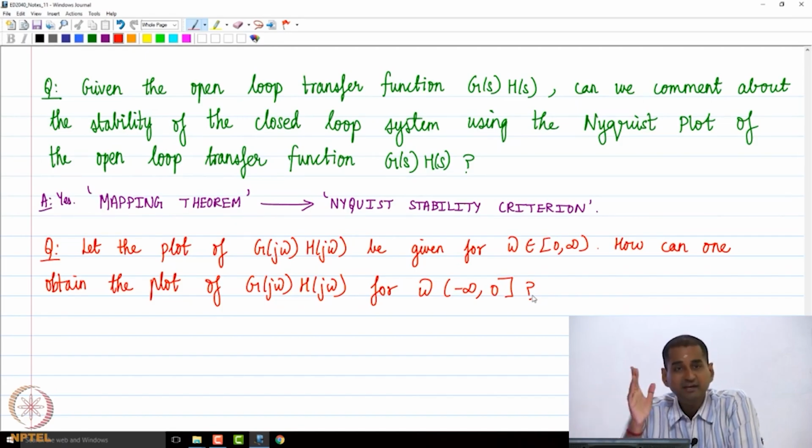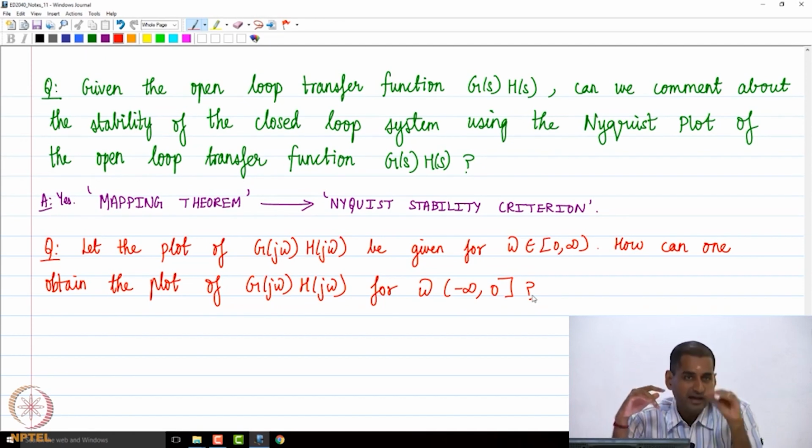But let us now look at omega as a parameter, rather than associating the meaning of frequency. Let us say I substitute s equals j omega, omega is now a parameter, and that parameter can vary from minus infinity to plus infinity. I am already given the Nyquist plot of the transfer function when omega varies from 0 to infinity.